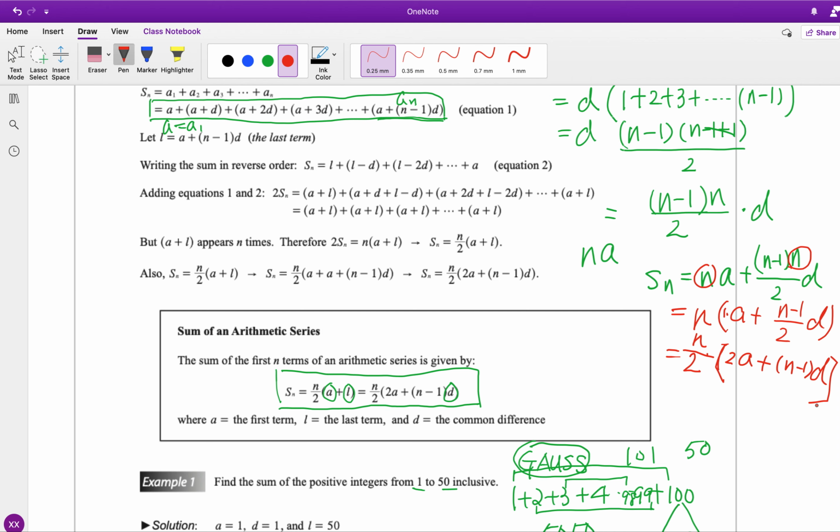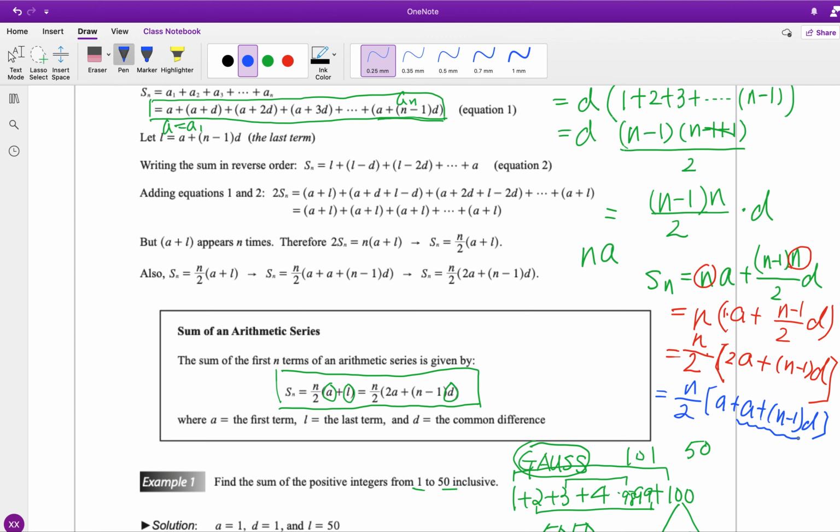Exactly this formula. Now, I can also rewrite it. How can I rewrite it? I can rewrite it as n times, and then this one becomes a plus n minus 1 d.